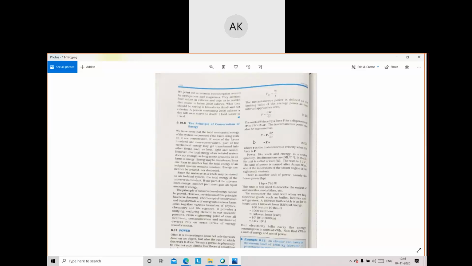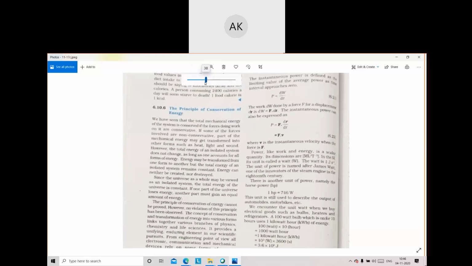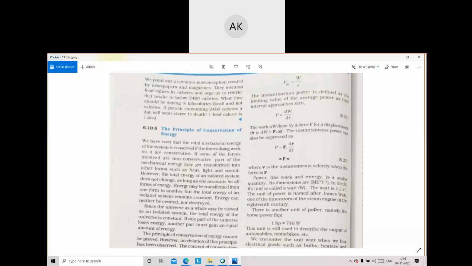And instantaneous power also we have calculated. P equals dW by dt. W is F dot r, so dW equals F dot dr. Therefore, we substitute for dW as F dot dr. So we get F dot dr by dt, and dr by dt is velocity.